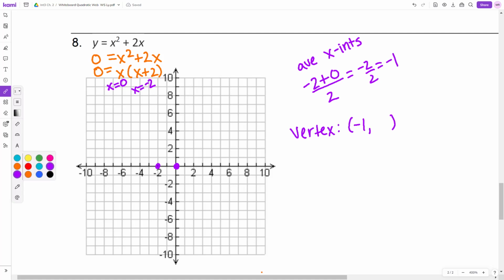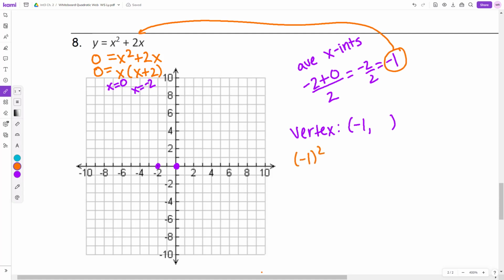And again, to find my y, I'm going to take this x, which is the x-coordinate of my vertex, and substitute it into that equation. So I'm going to do -1 squared plus 2 times -1. So it's going to be 1 minus 2, which is -1. So my vertex is going to be at -1, -1, which is here. And then I can draw my graph.